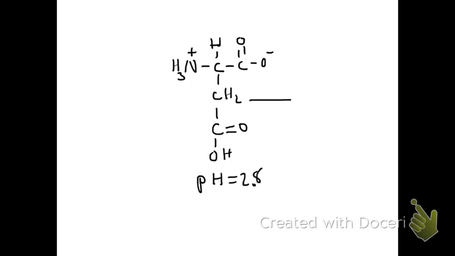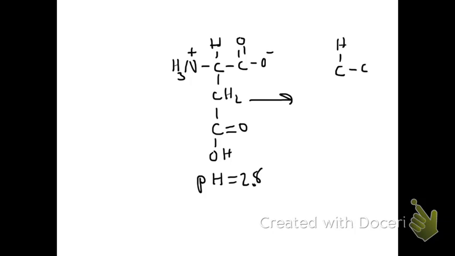Now, if it goes above the isoelectric point, then the solution should become more basic, but so should the amino acid become more basic. So, essentially, it should become more negative. So, the R group is also going to be affected by this.